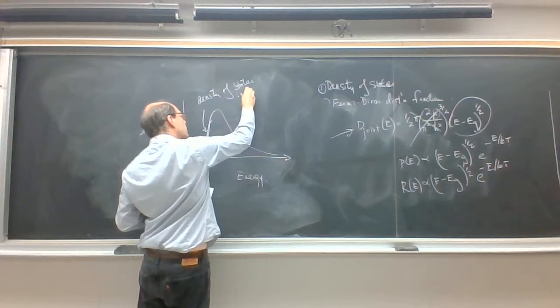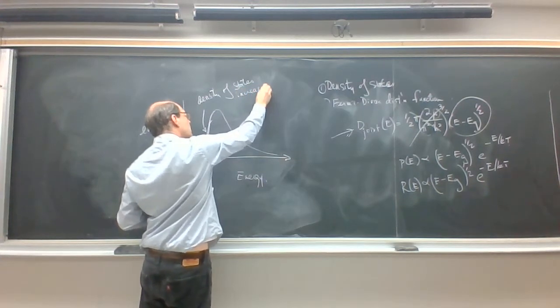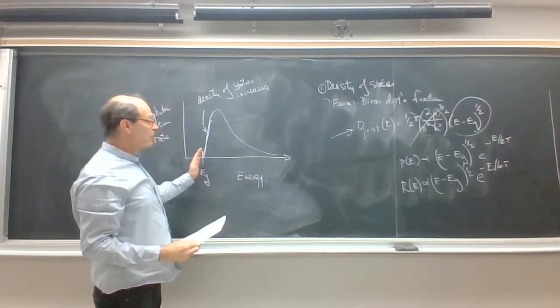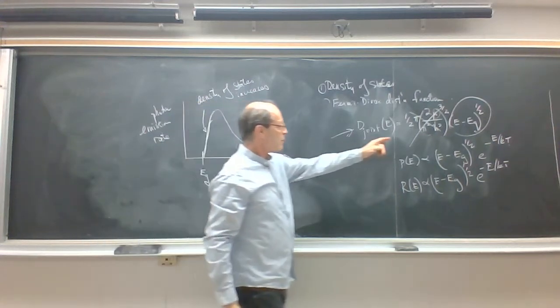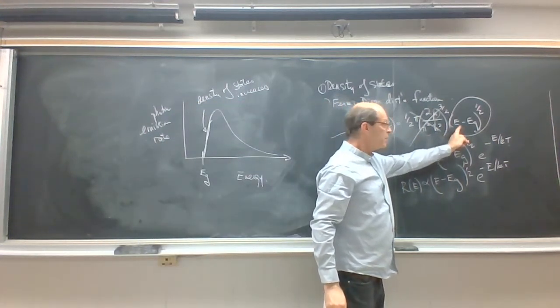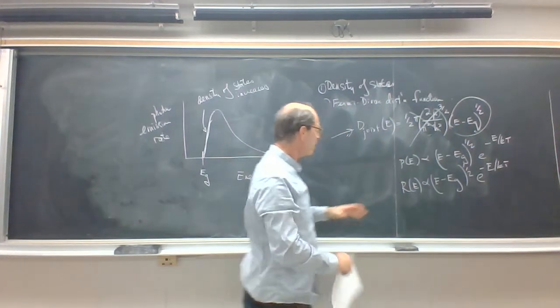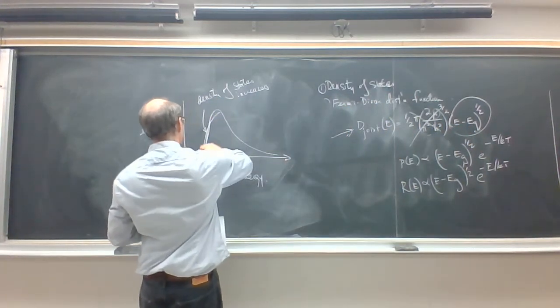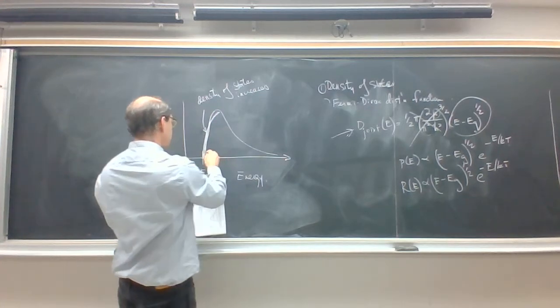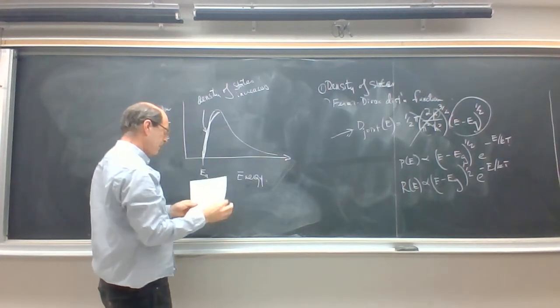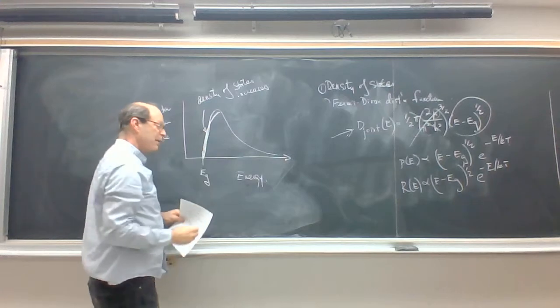Which increases. Remember, the density of states increases as the square root of energies exceeding the energy gap. So that square root increase in the density of states is really the shape of this curve. This should be proportional to the square root of energy.